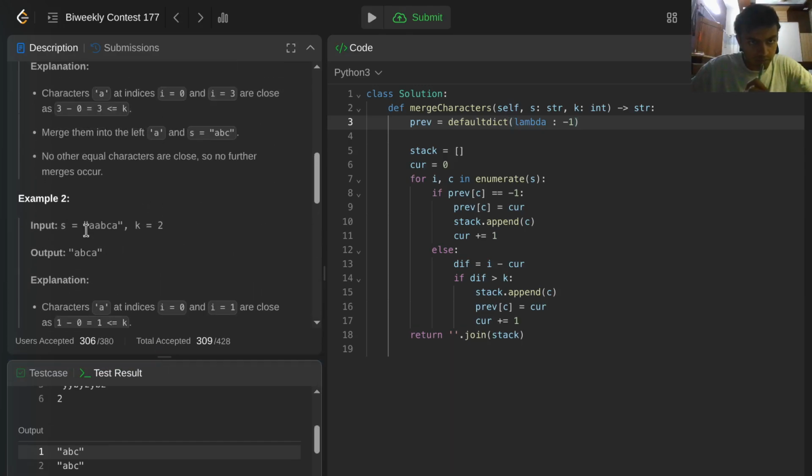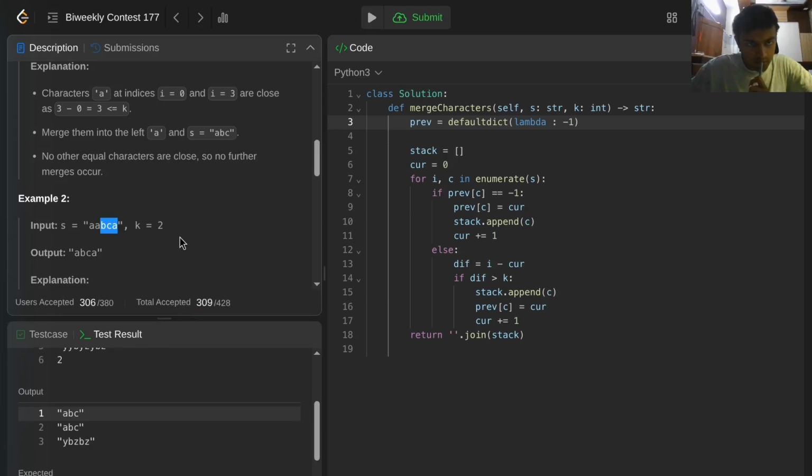Okay, made some mistake. Okay, so if diff is greater than k, right? So okay, wait, it's a, so 1, 0, 1, 2, 3, 4. So 4 minus 1 is equal to 3.